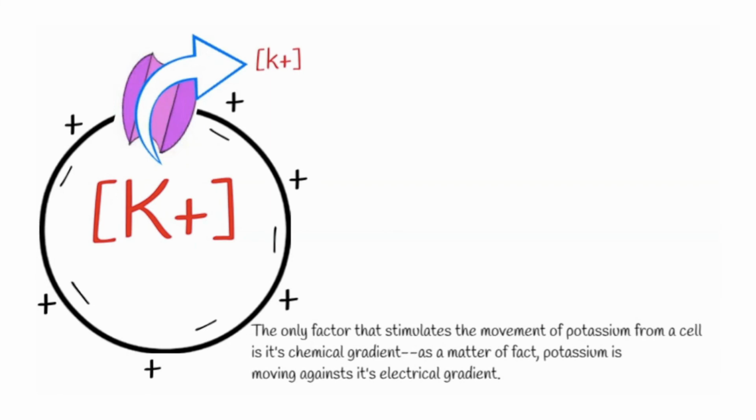It does leave the cell because its chemical gradient is so large, so huge, it disregards the fact that it has no desire to be around the positivity outside of the cell. Now, there is a point where the cell becomes so positive on the outside, or so negative on the inside, that potassium does not leave the cell any longer.